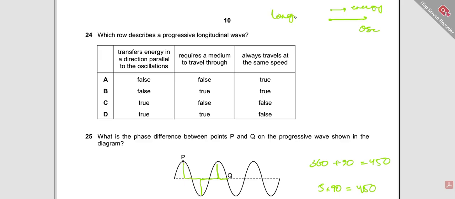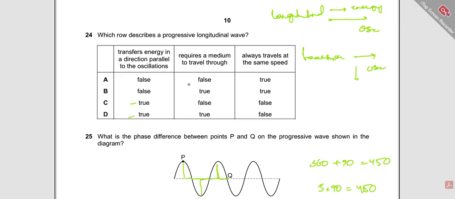This was for longitudinal. And for transverse, the direction of energy transfer is perpendicular to the direction of oscillation. Now, it transfers energy in a direction parallel to the oscillation.